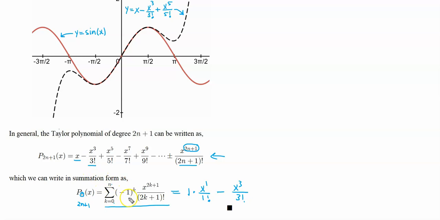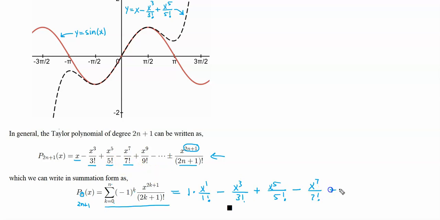Then if we put 2 in for k, we get negative 1 squared, so that's going to be plus x to the 2 times 2 plus 1, that's x to the 5th, over, and if we put 2 in here for that k, that'll be 5 factorial. And so you see how we get that term. And then one more. If k is equal to 3, negative 1 to the third is negative. 2 times 3 plus 1 is 7. X to the 7th over 7 factorial there. And so you see we are recovering that term.